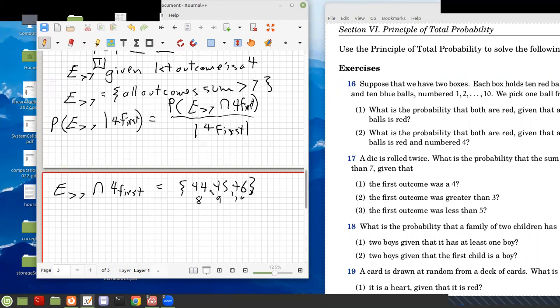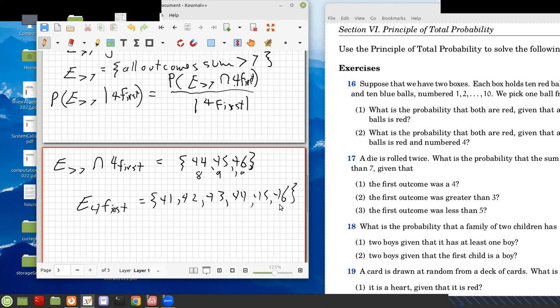And if you have a 4 first, that's all that can possibly be. And how many different ones are there for the event of 4 first? Well, that's going to be 4 1, 4 2, 4 3, 4 4, 4 5, 4 6.